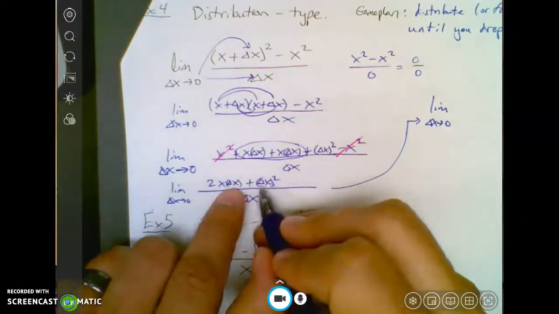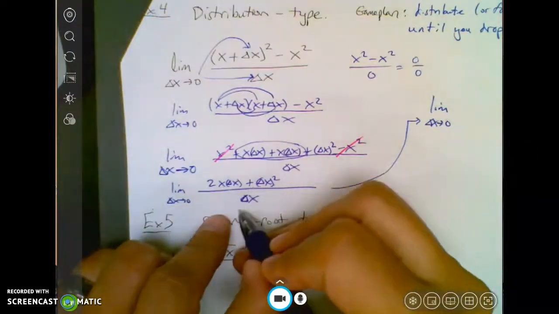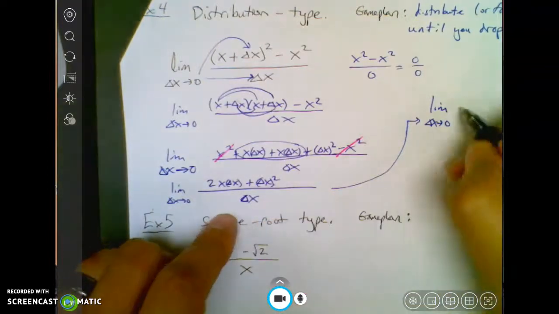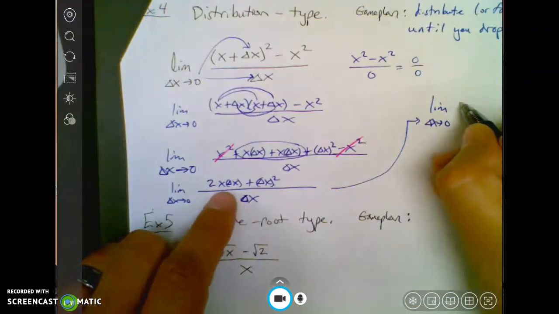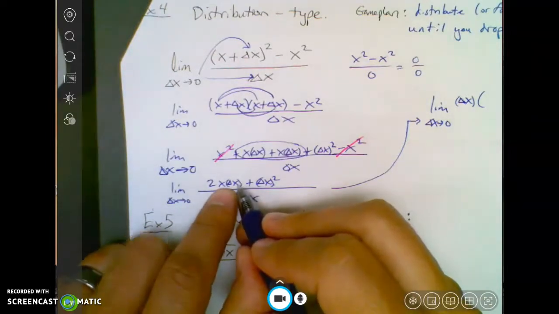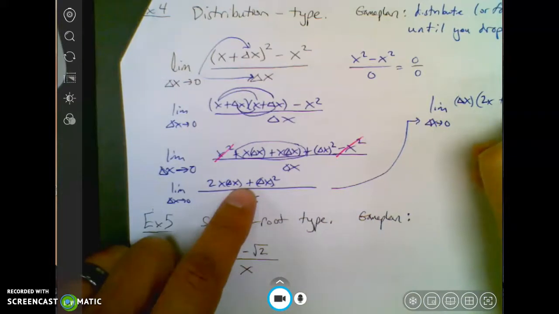Since everything left has a delta x in it, you're basically killing off one delta x from here, one delta x from here, and one from here. Let's see. I'll do this the first time. Usually you won't see me actually FOIL or just extract this out. 2x plus delta x.